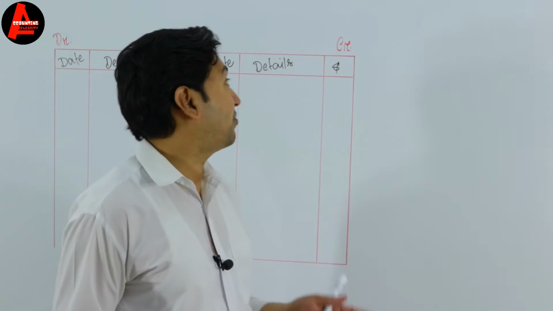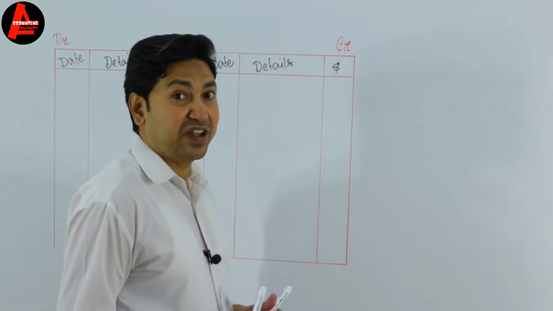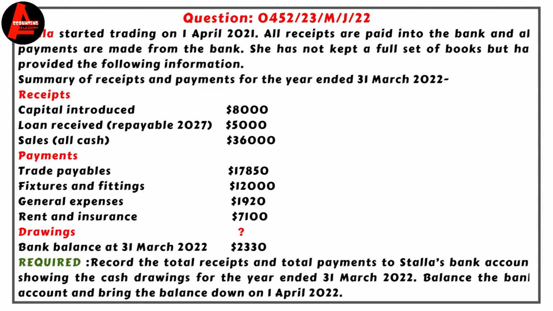Before we dive in, let us have a look at the question. Stella started trading on 1st April 2021. All receipts are paid in the bank and all payments are made from the bank. She has not kept a full set of books but has provided the following information. Here we can see a summary of receipts and payments for the year ended 31st March 2022.